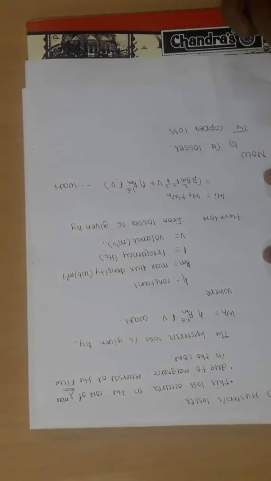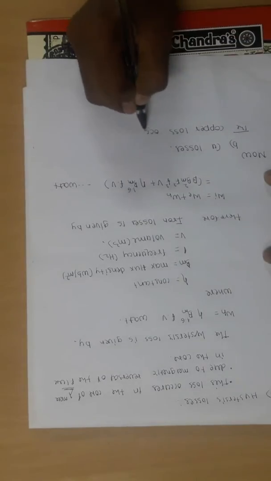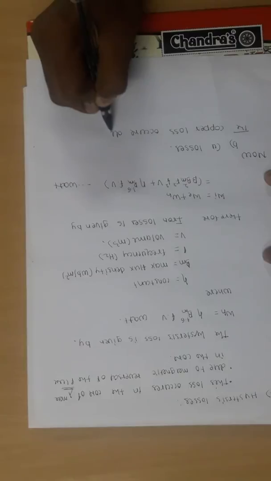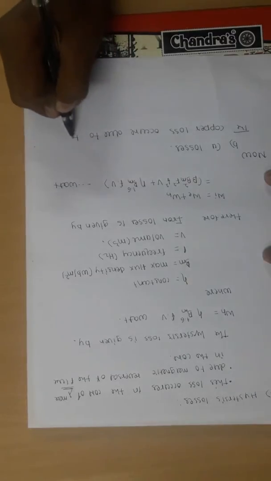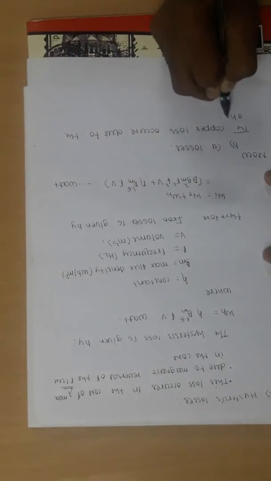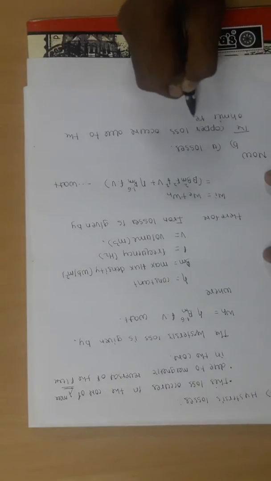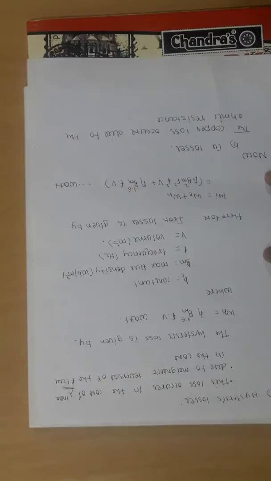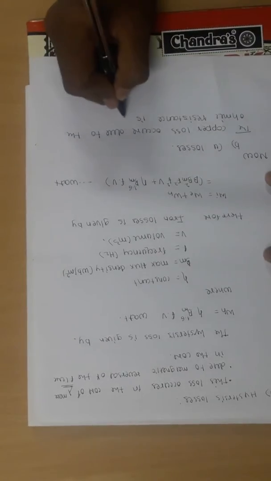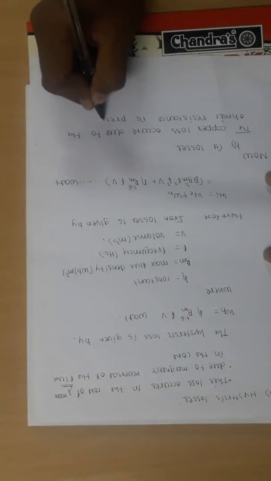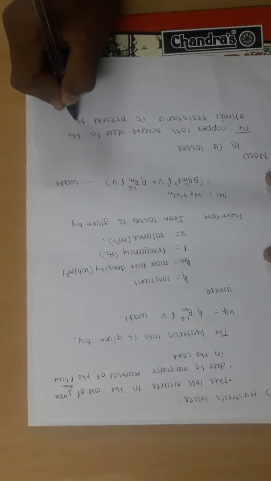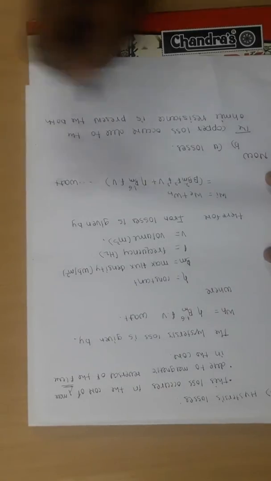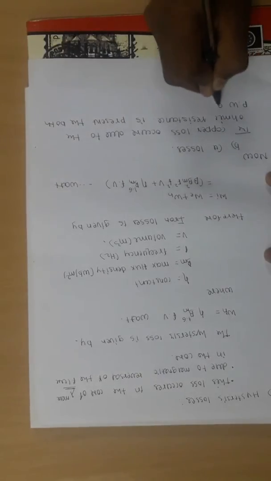So the copper losses occur due to the ohmic resistance, which is present in both the primary winding and secondary winding.